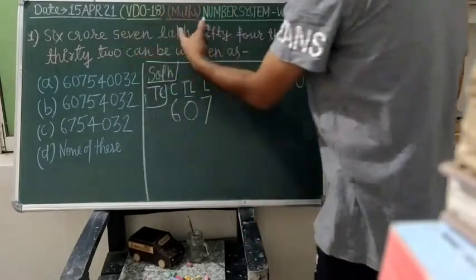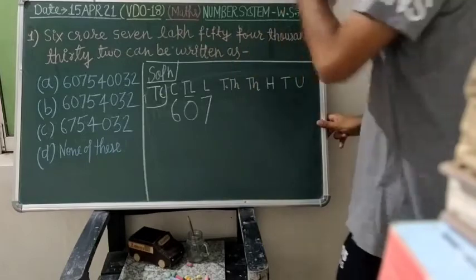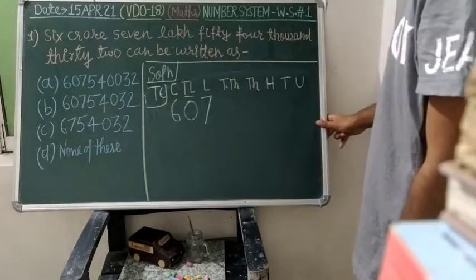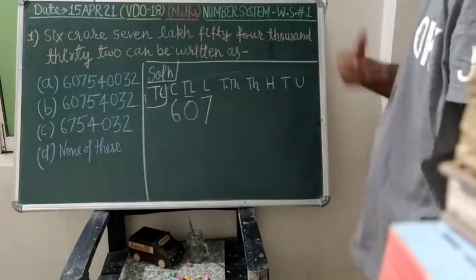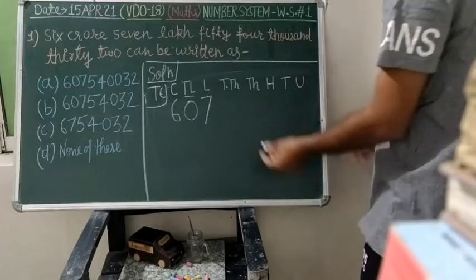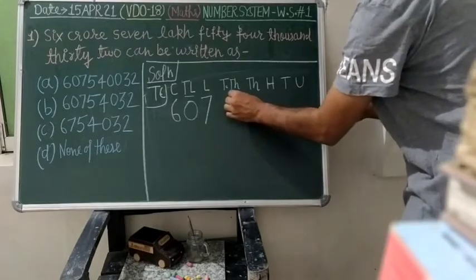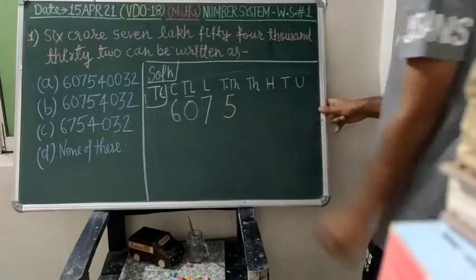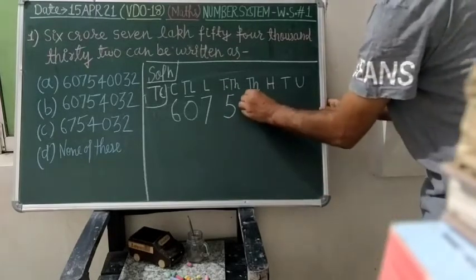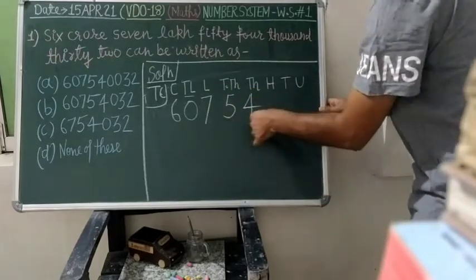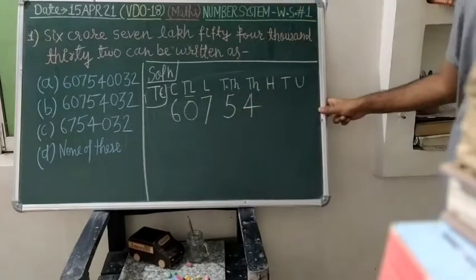So 6 crore 7 lakh 54,000. 54 is of 2 digits, so 5 will come at the place of 10,000 and 4 at the place of 1,000.